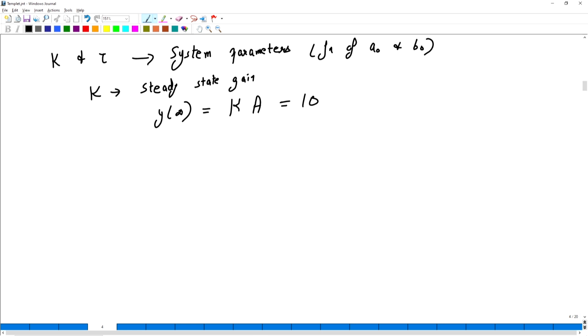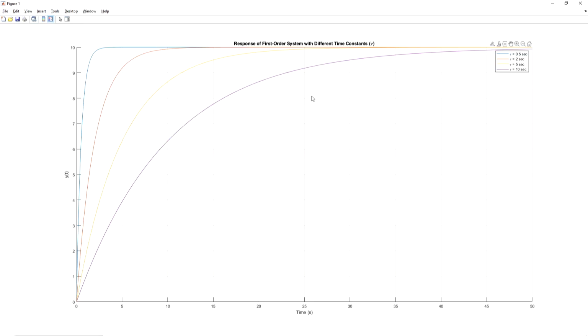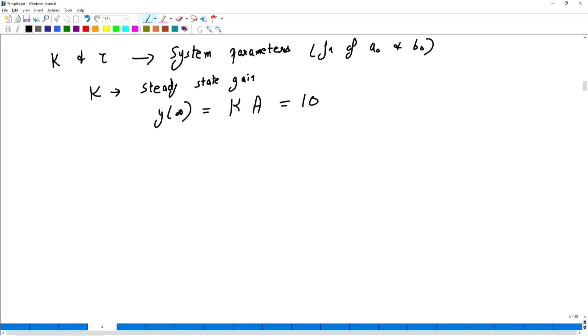So if we see the plot here, we observe that the final value y infinity is unaffected by y naught. However, the graph starts from y naught. Another parameter is tau, where the graph is different for all the four values.